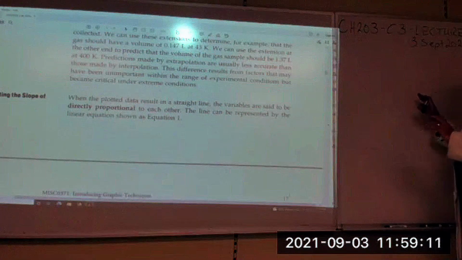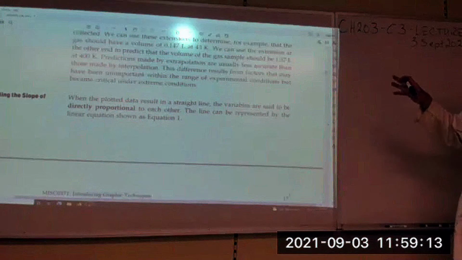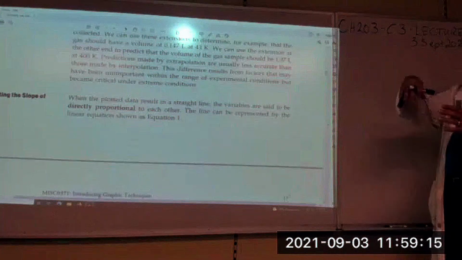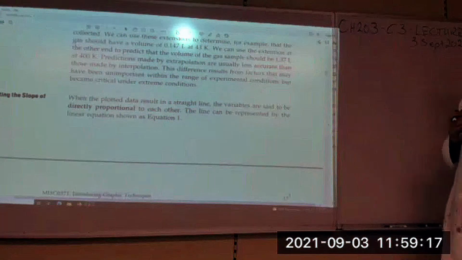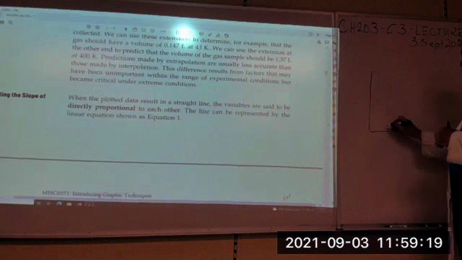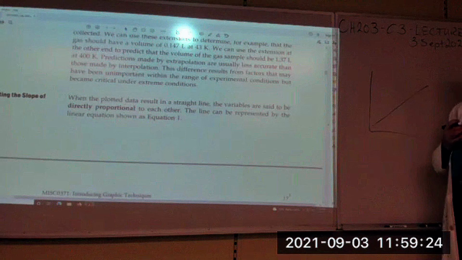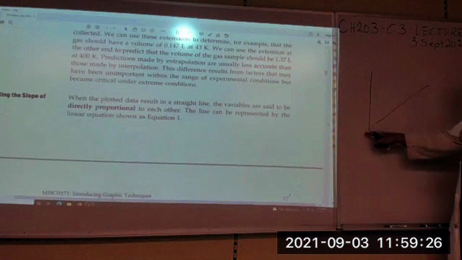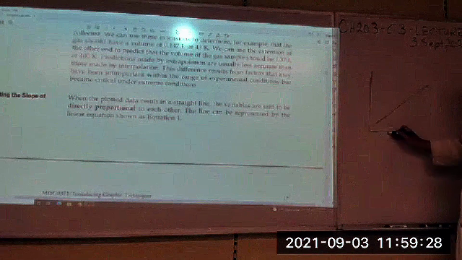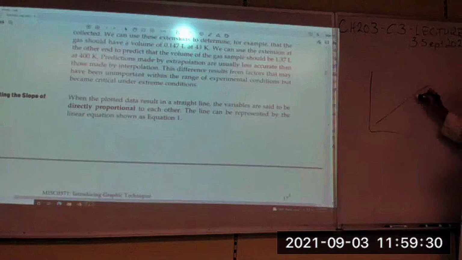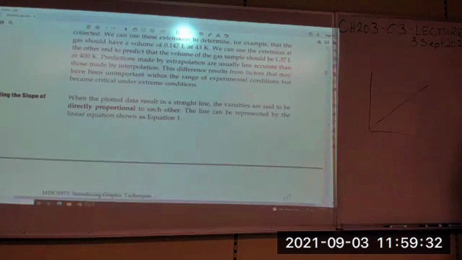So when you look at a graph and you see the general trend of the graph, notice that I had that one before like this. That's known as a direct proportion because as this one gets bigger, that one gets bigger. This one gets bigger, up here, keeps getting larger. That's a direct proportion.